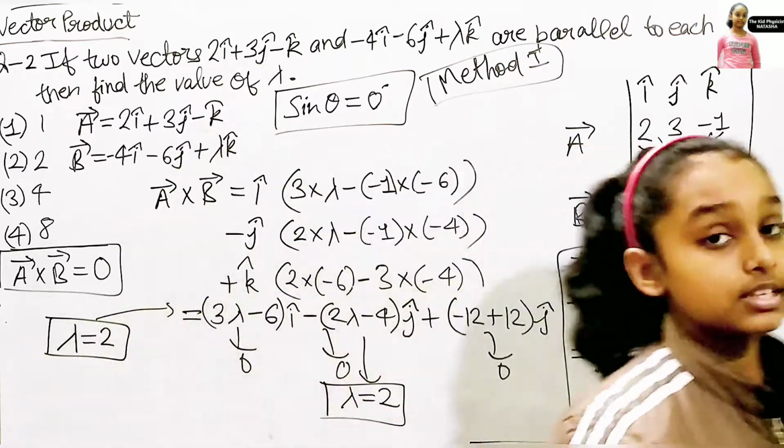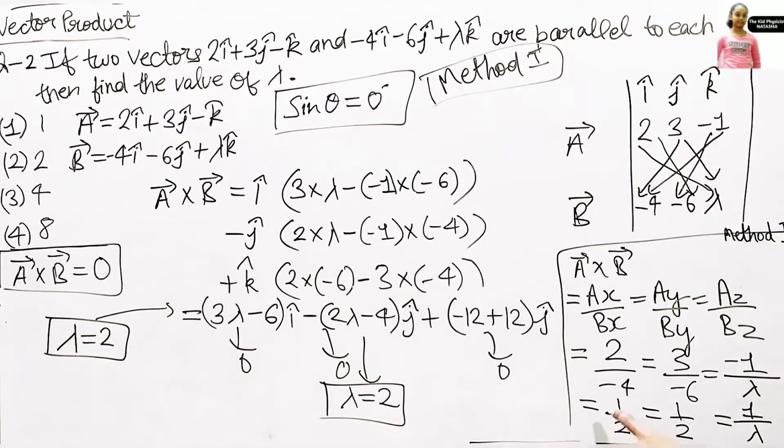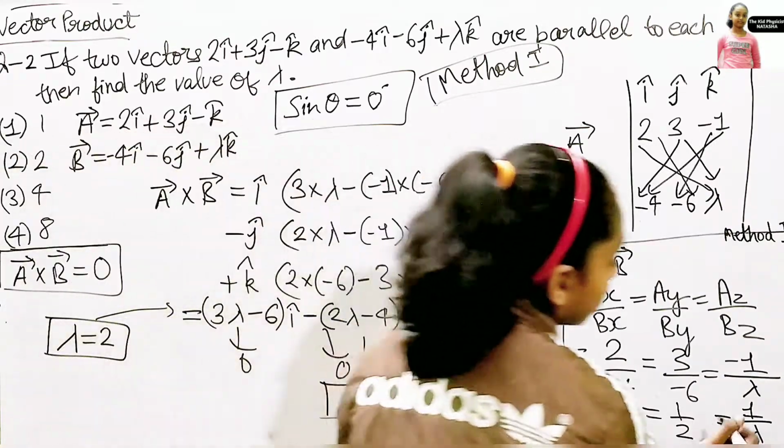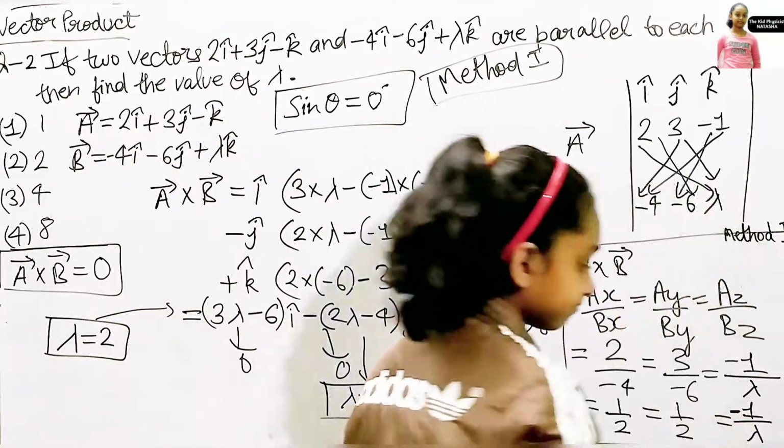See, 1 by 2 is equal to 1 by 2 is equal to 1 by gamma. Okay, got it? Yes or no? Yes, of course. So now here actually minus will come.